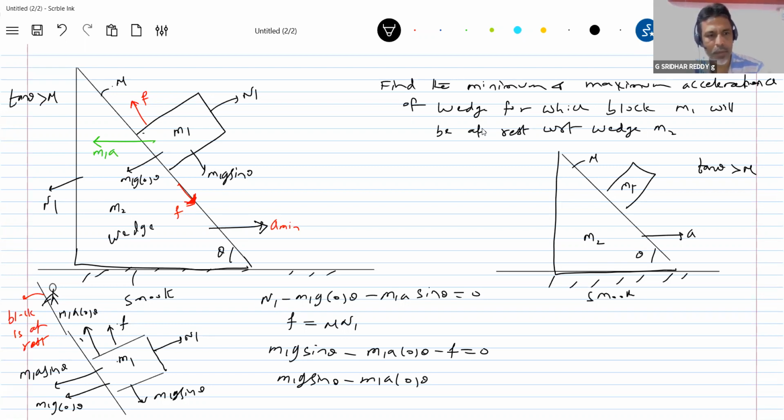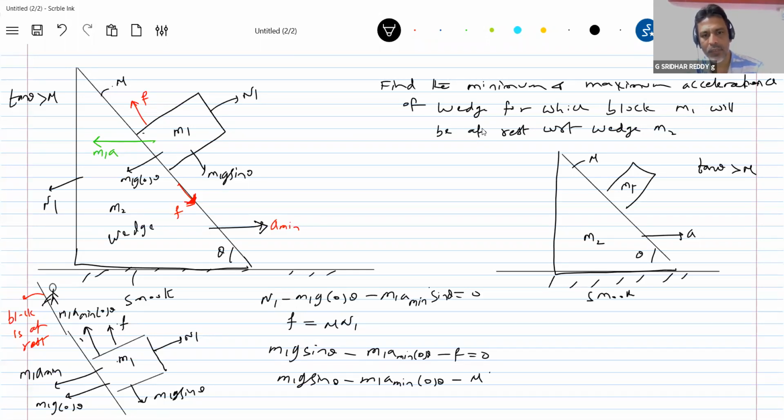and this is a minimum, no? A minimum will be introduced here. This will be m1a minimum sin theta, a minimum cos theta, mu into N1.